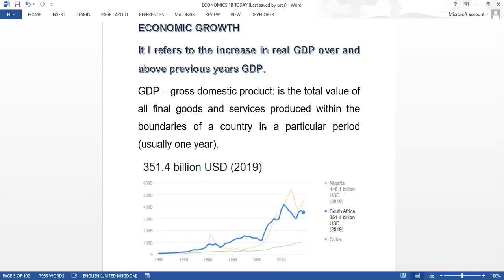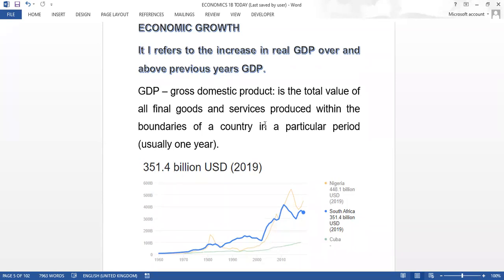If the GDP is growing, it means that the economy is just generally growing. So we're going to be talking about GDP, what GDP is, and how we can measure this phenomenon that we can use to measure economic growth, which we refer to as gross domestic product.